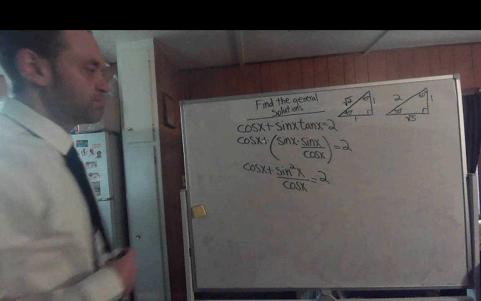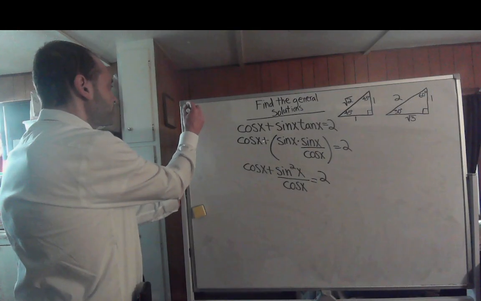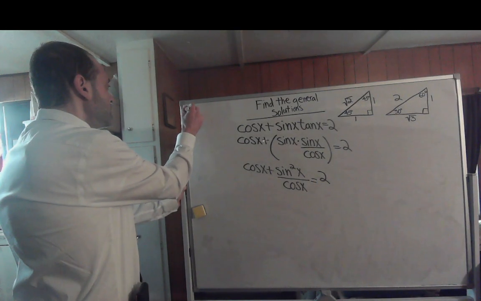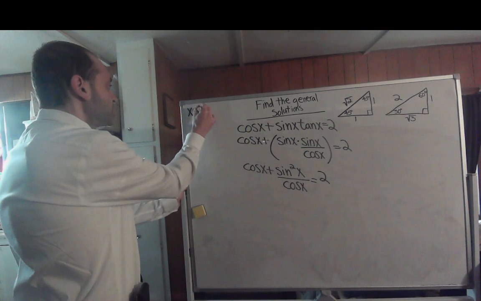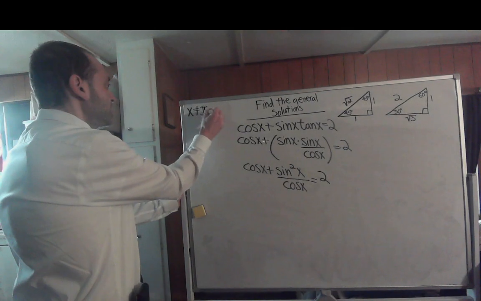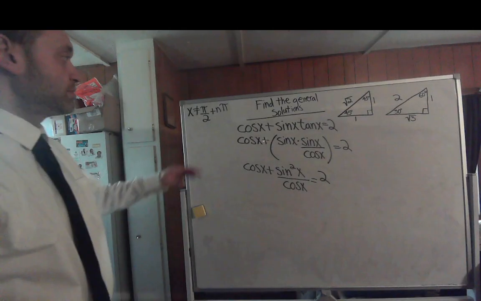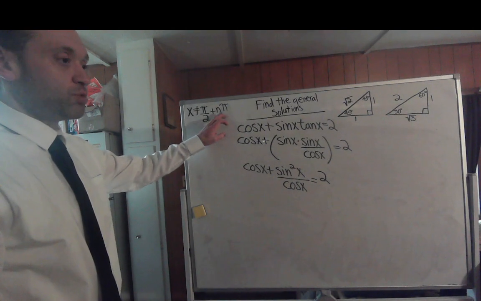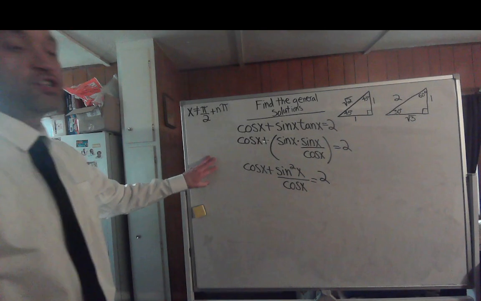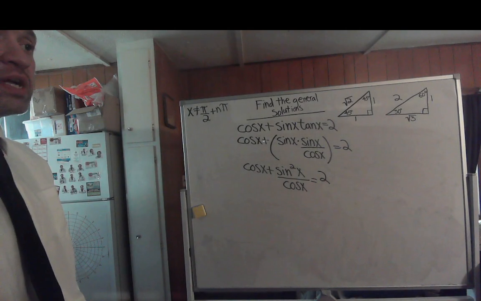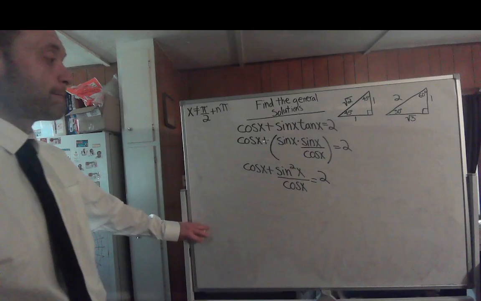No, that would be at odd multiples of pi over 2. So, well, x cannot equal pi over 2 plus n pi. It can't equal any integer multiple of pi plus pi over 2, because the cosine at pi over 2 or 3 pi over 2 is 0. So it would be undefined there.